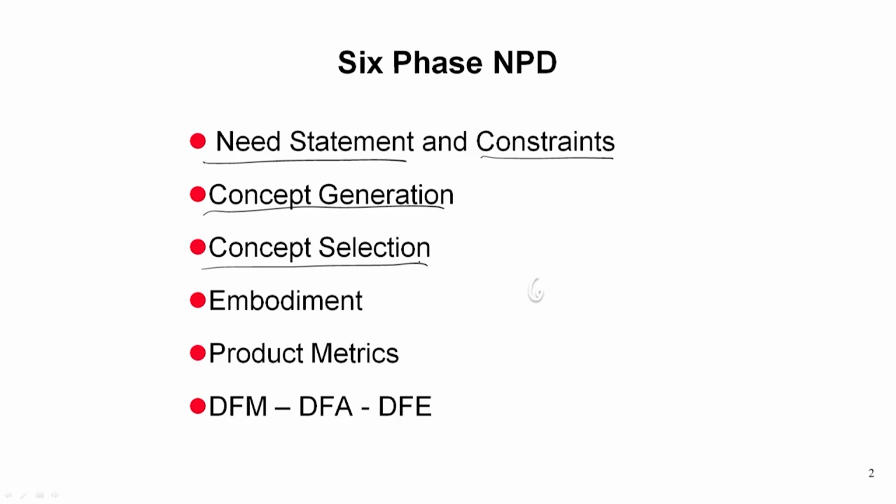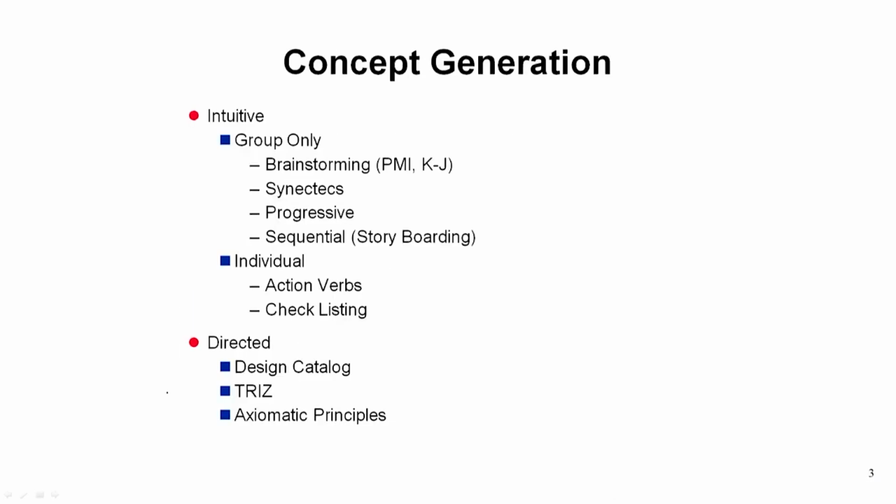And then later on in this course, we will look into the embodiment, some product matrices, and then certain techniques called design for manufacturing, design for assembly, and design from the failure point of view, it is failure proof, etc. So, let us look into the concept selection time, what is it that will be bothering us.